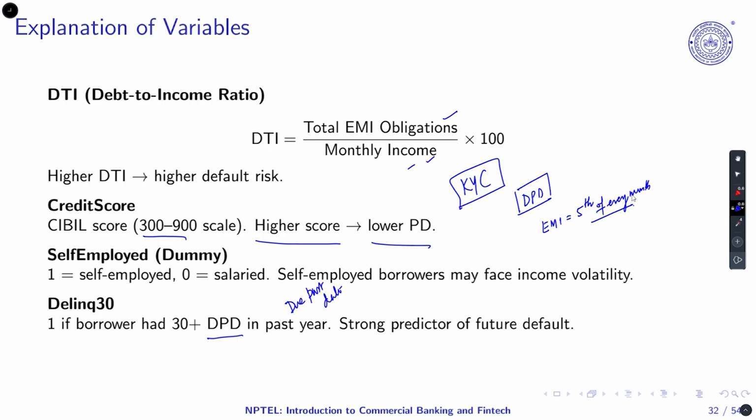So due past date is over 1 year, one time frame. After that we know that in banking accounting you have SMA 0, SMA 1, SMA 2, and also NPA is declared. So delinquency of 30 is considered a strong case for default, right. So this we get into.